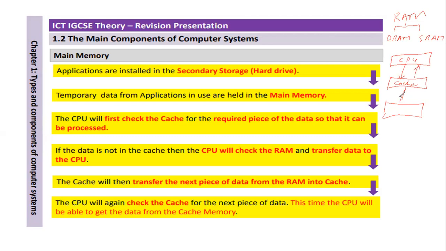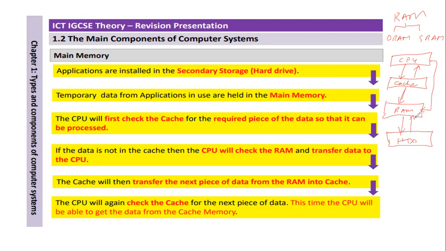Then it looks into RAM. This is RAM, so the CPU can access RAM directly. This is the sequence of access. Then there is a secondary storage device, the hard disk. RAM can communicate with the hard disk, and the hard disk can communicate with the RAM.